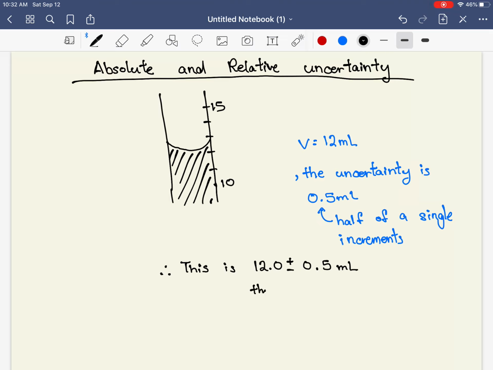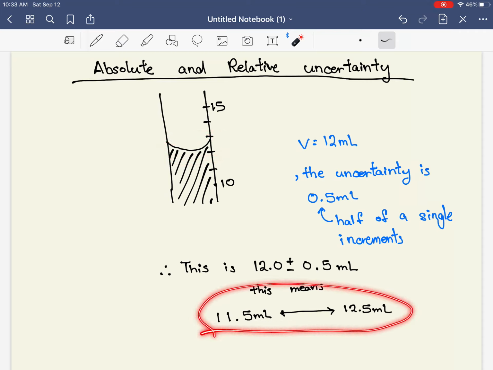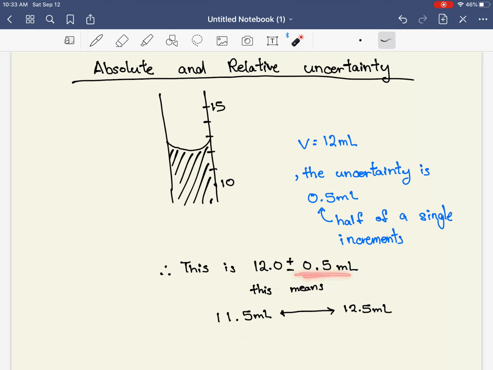So this means 11.5 milliliter to 12.5 milliliter. It gives the reader a whole lot of leeway in figuring out what this volume is. It lies anywhere between 11.5 and 12.5. That is what we call uncertainty.